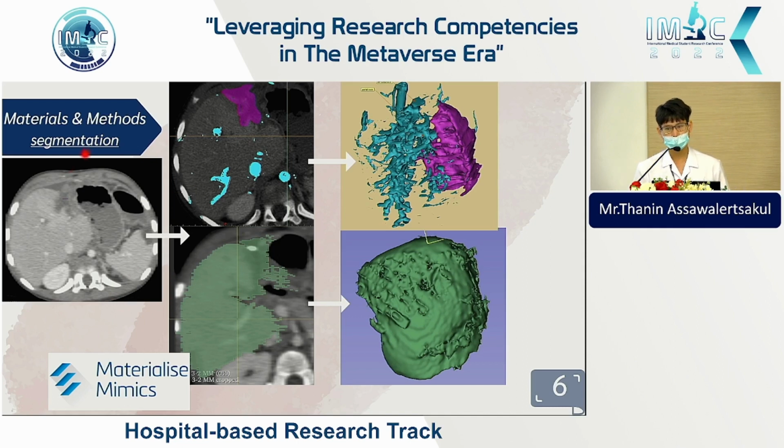The CT scan of the patient with hepatoblastoma was imported into Mimics to do the segmentation. I segmented the tumor, which is the pink area, the blood vessel, which is the blue area, and the liver parenchyma, which is the green.